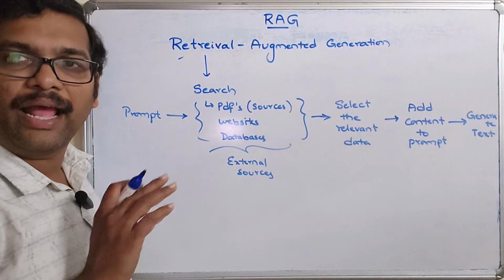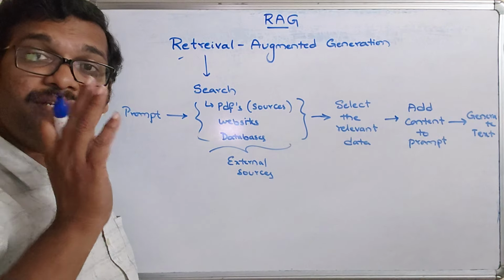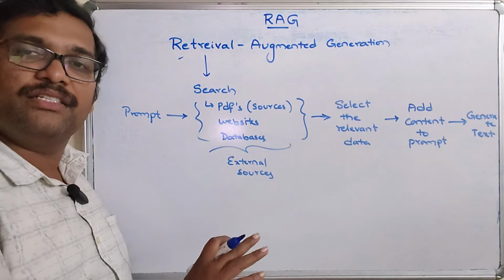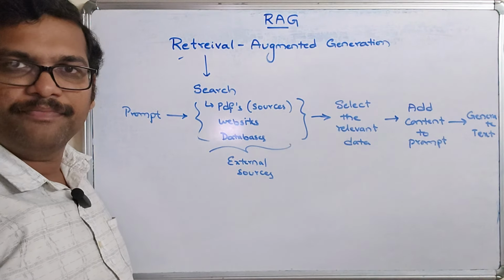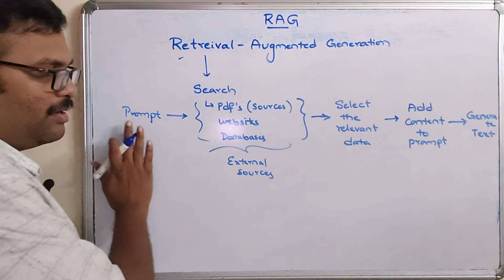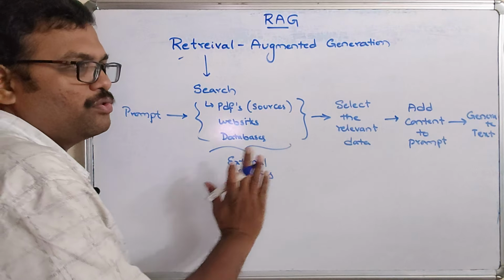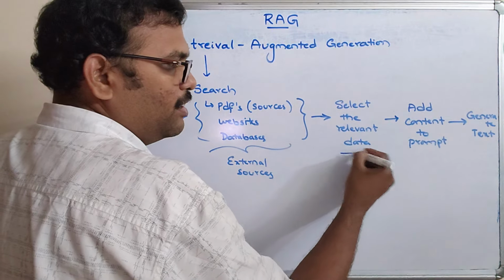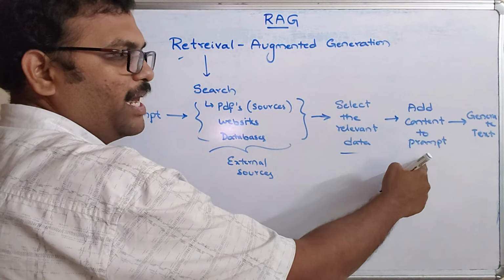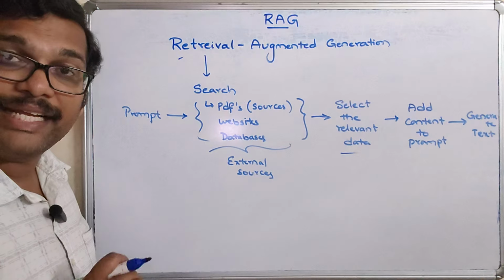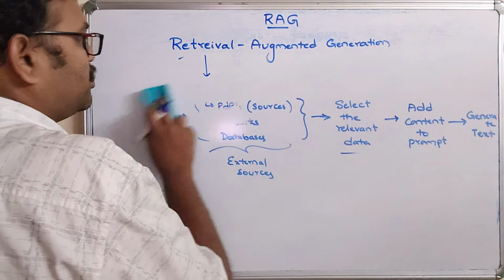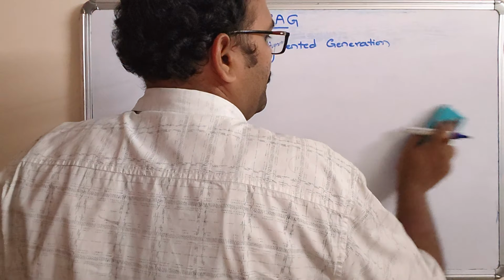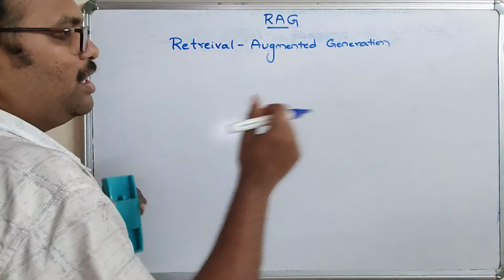Before it generates, it reads or searches the data. The steps are: prompt, search from the external sources, select the relevant data, add the content to the prompt, and finally the text will be generated. This is the working.